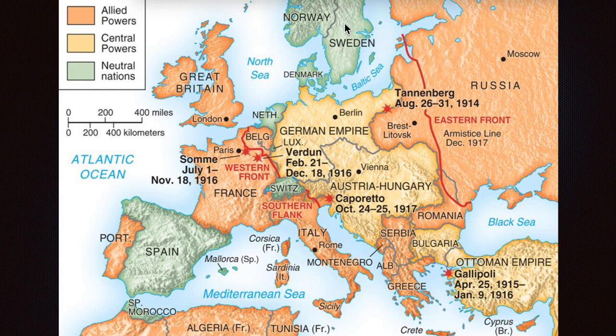There are some countries that remain neutral throughout. So we will talk about the different fighting that went on. We have the Western Front over here between Germany and France, and the Eastern Front over here in Russia, between Russia and the German Empire and Austria-Hungary.